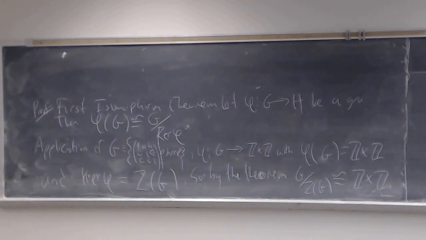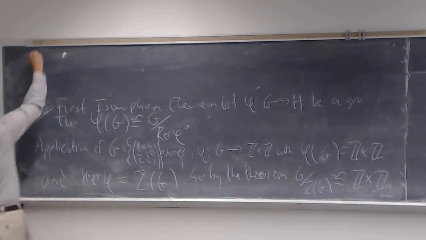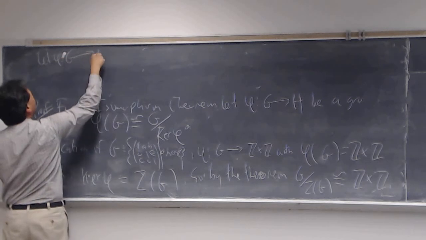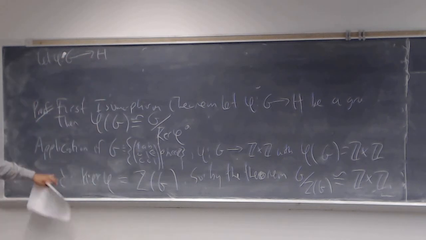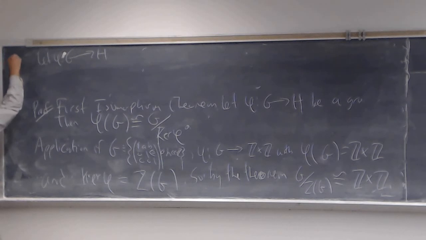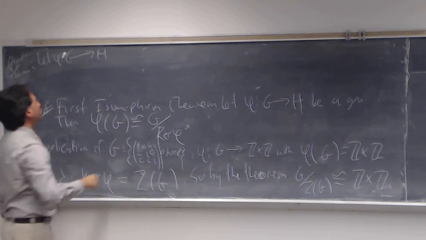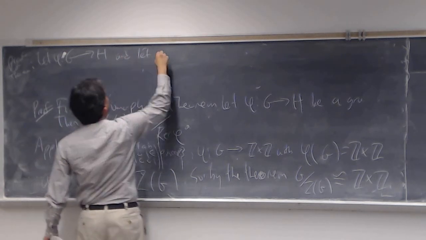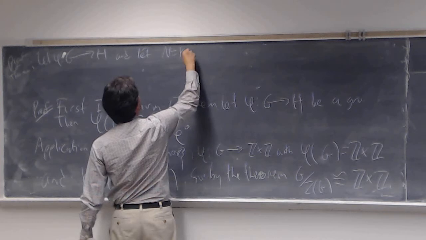So let's define this mapping. So what we'll do is let phi go from G to H. Okay, now this is in the proof, so G is not the Heisenberg group. G is just any arbitrary group. And so we don't have to keep writing kernel, N is just the kernel.